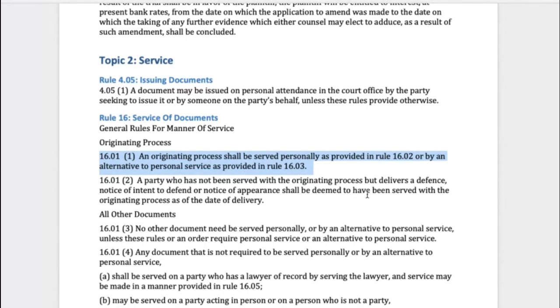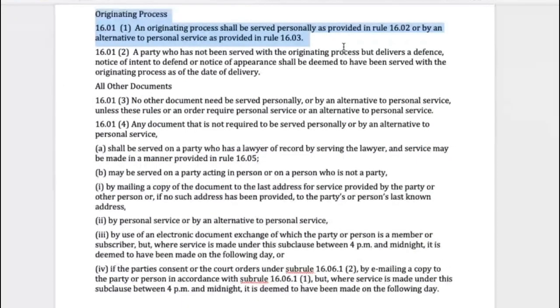A statement of claim would be an originating process, but a statement of claim is not the only originating process. What else might constitute an originating process? Kevin's got it. It's when a new party is being brought in for the first time, right? So there's a certain logic here.